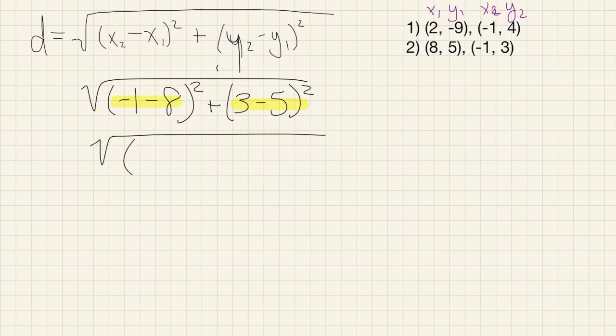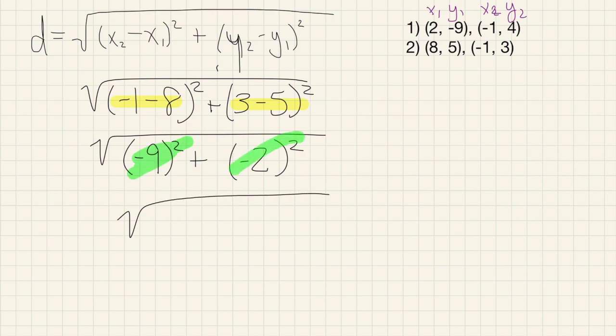So that'll give me -9 squared plus -2 squared. -9 times -9, -9 squared, will give me 81. -2 squared, or -2 times -2, will give you 4.